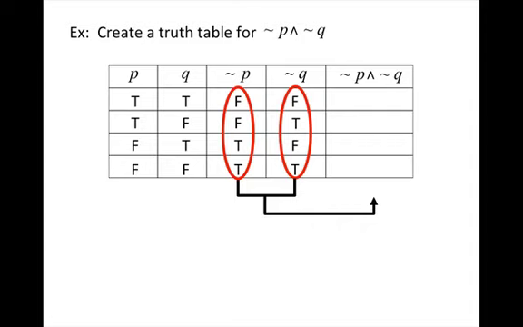So this time, not P and not Q are both true in the fourth line of my truth table. So the fourth line of that column is going to be true. Every other case is going to be false because either the not P or the not Q was false. So my final column for not P and not Q is false, false, false, true.